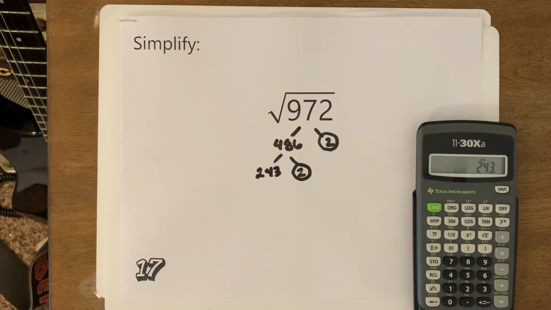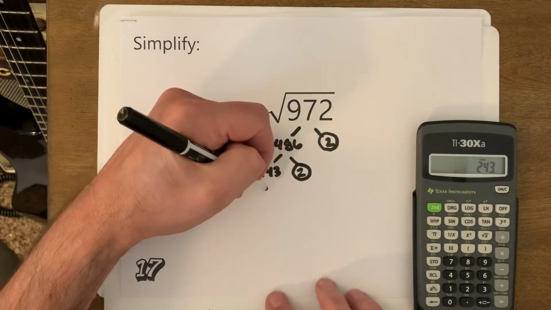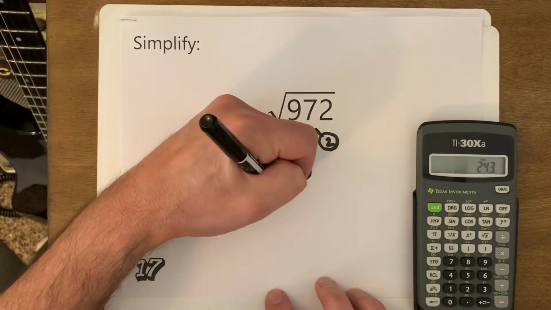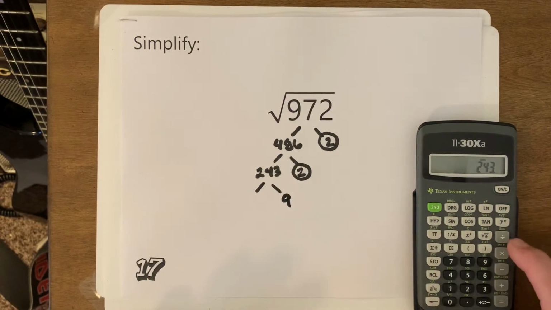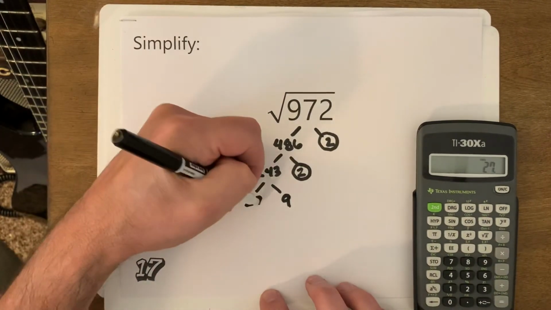Now, didn't we see 243 before? What was 243 before? I believe, if we don't remember, that was divisible by 9. If memory serves me right, it was a bunch of 3s, right? So let's try that one. Divided by 9 and we get 27. Yep, same as we did before.